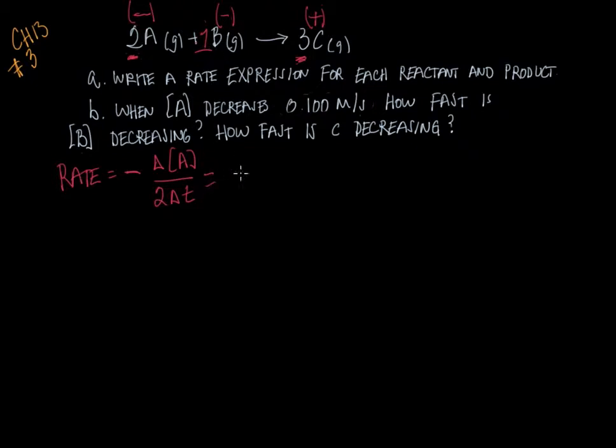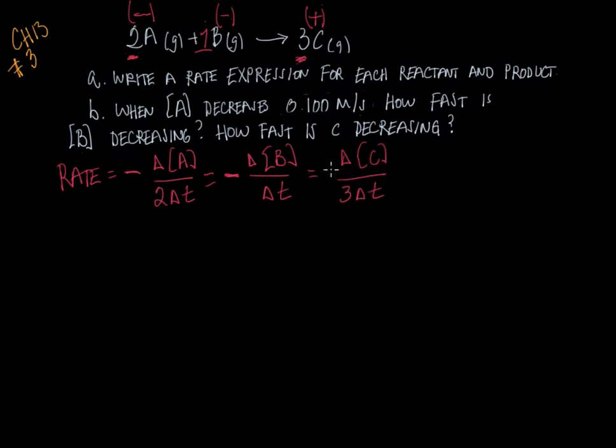Same thing for B. It's equal to minus, because it's a reactant, and we have change in concentration of B over 1 times the change in time, or just change in time, rather. And then we have change in C over 3 times the change in time.